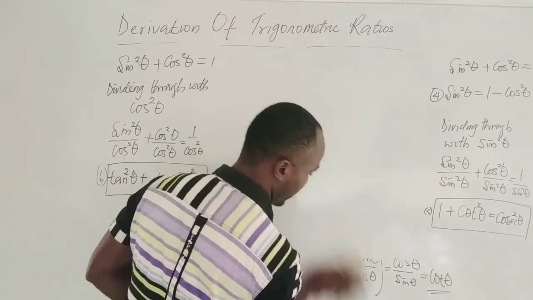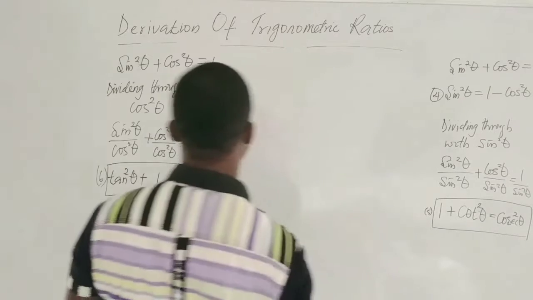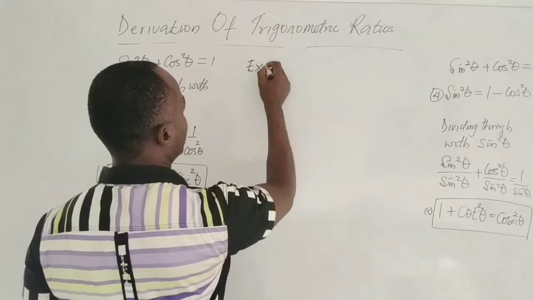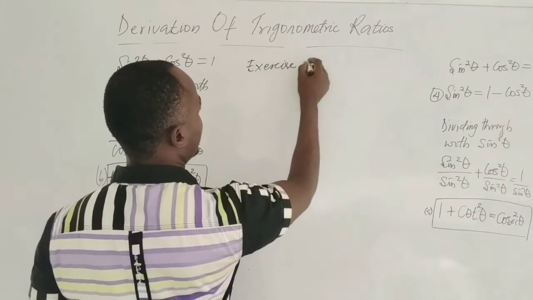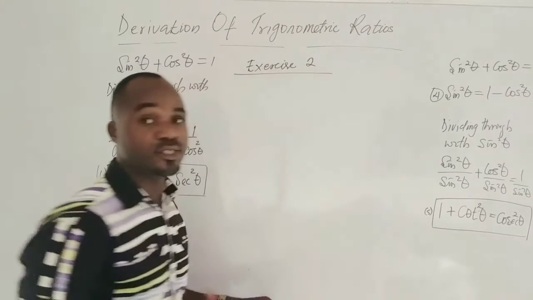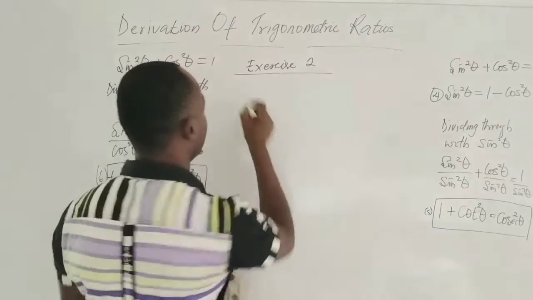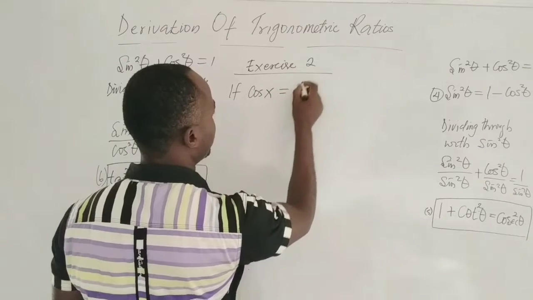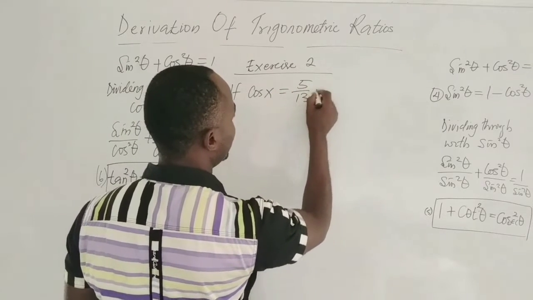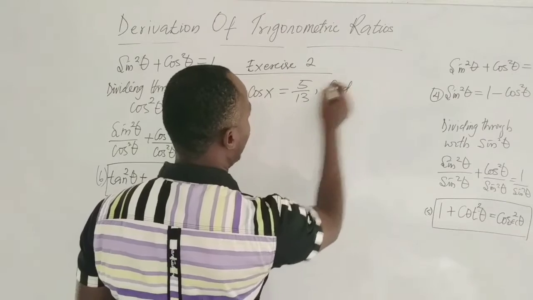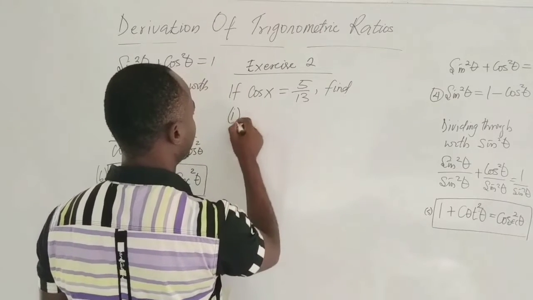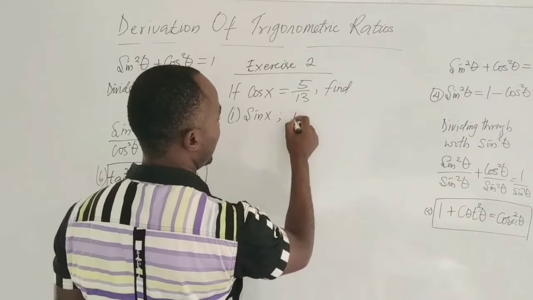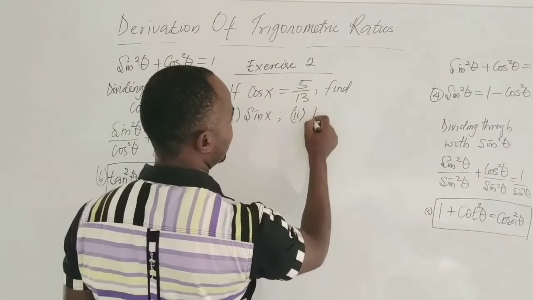The question now is exercise 2, because we have solved exercise 1 in our first lesson. Exercise 2 is: if cos x is equal to 5 over 13, find (i) sin x, (ii) tan x.